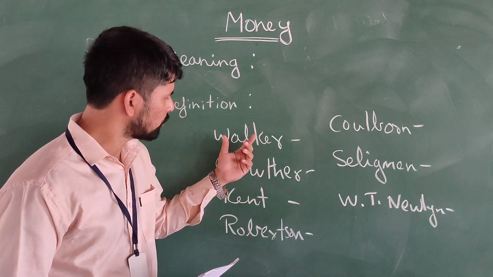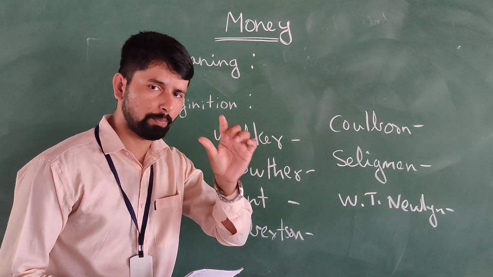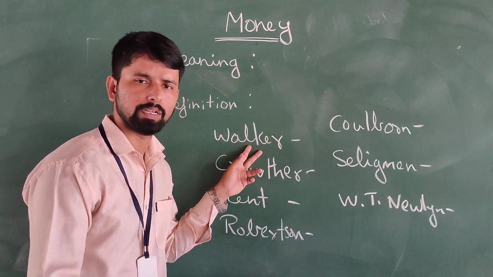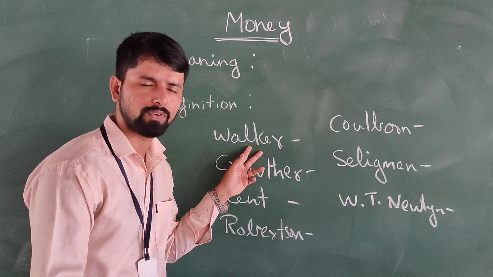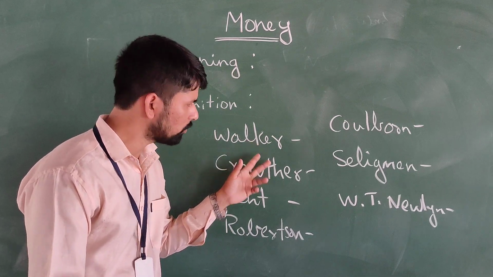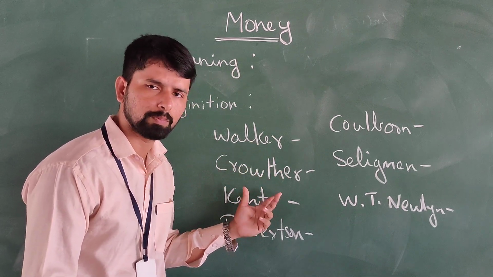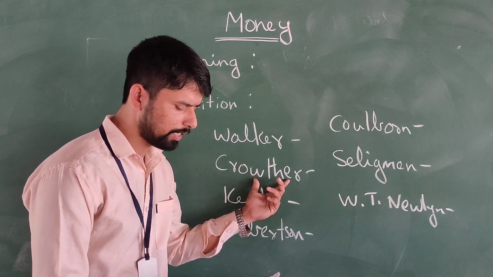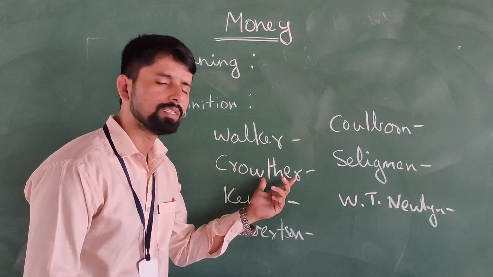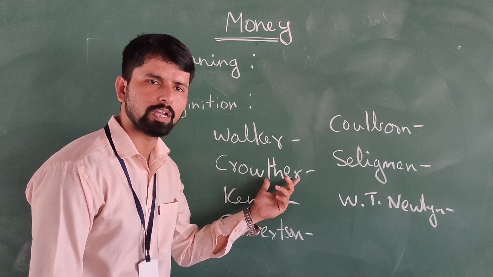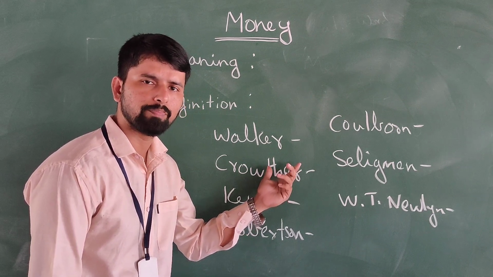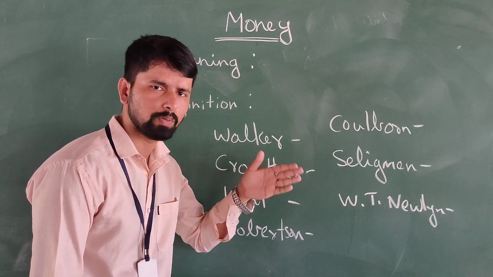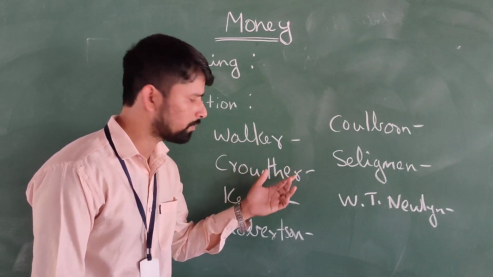Because the economists have given specific words, right, new terms. Walker says that money is what money does, so the performances of the money. But other definitions give a particular aspect. According to Crowther, money is a medium of exchange, accepted by all, plus store of value plus measure of value.